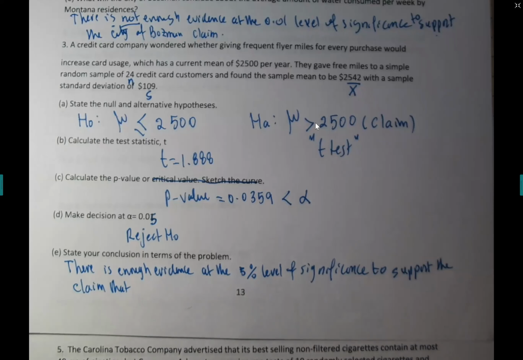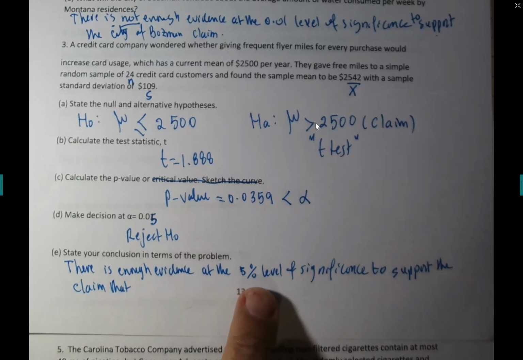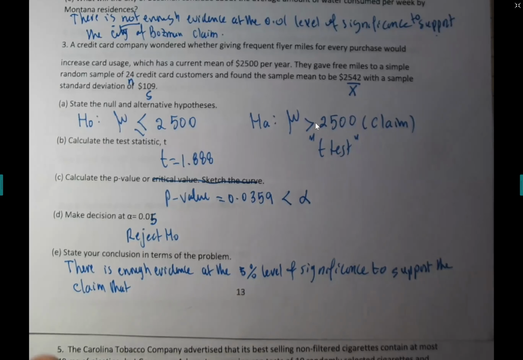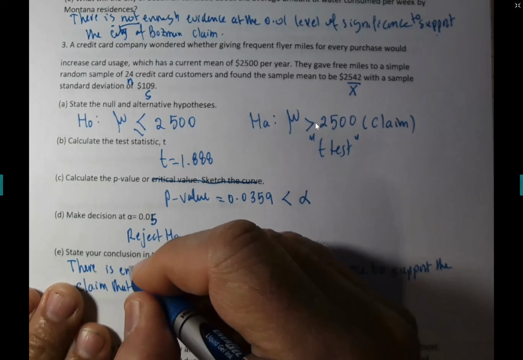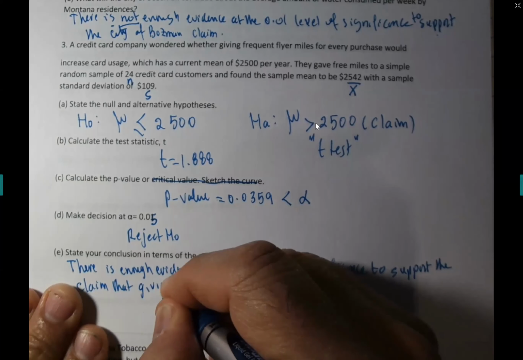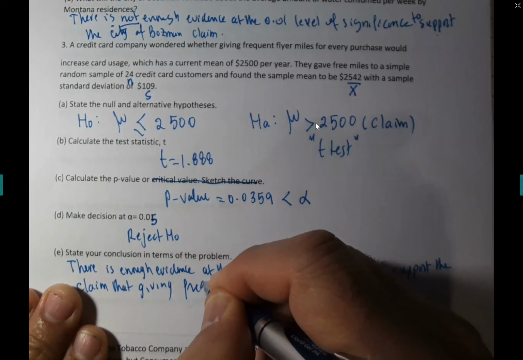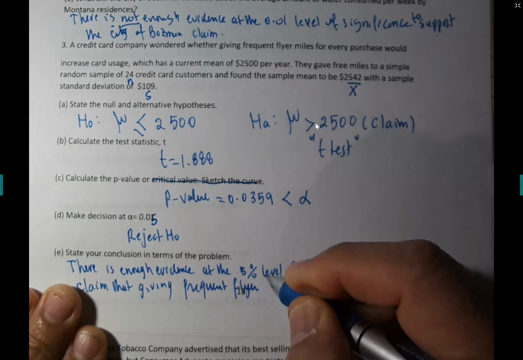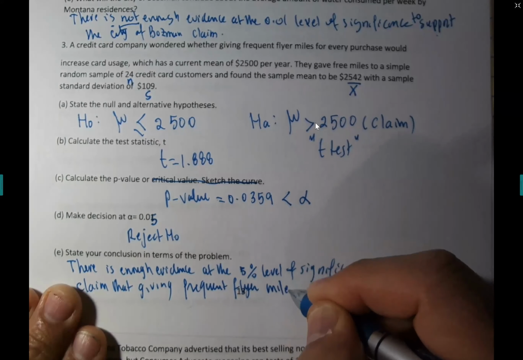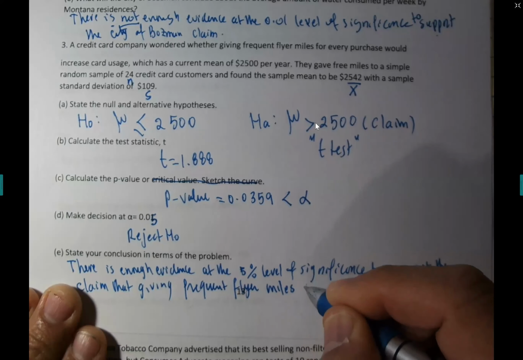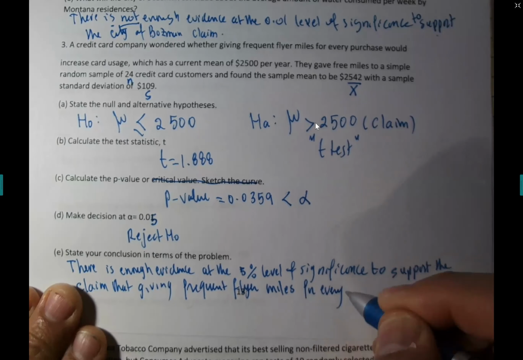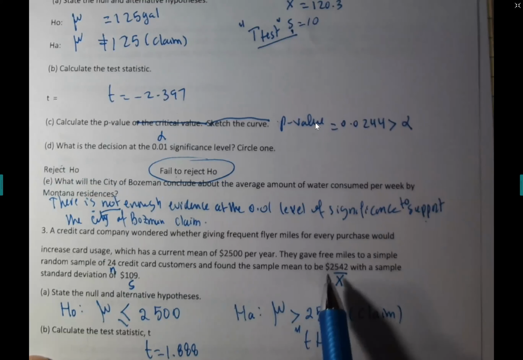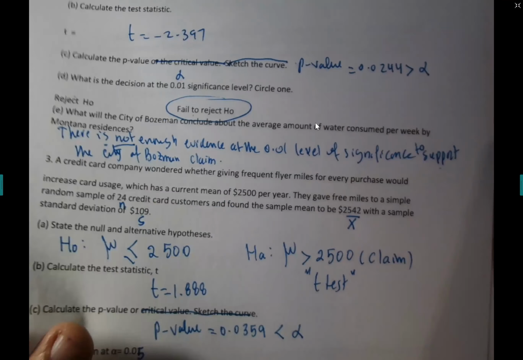So there is enough evidence at the 5% level of significance to support the claim that giving frequent flyer miles for every purchase, I'm just copying the language, guys, from here, would increase card users.